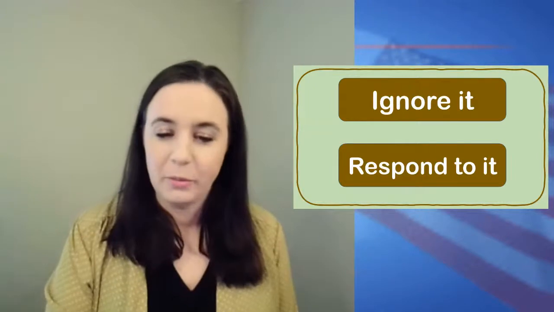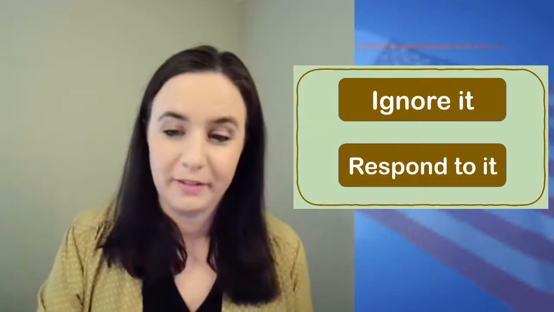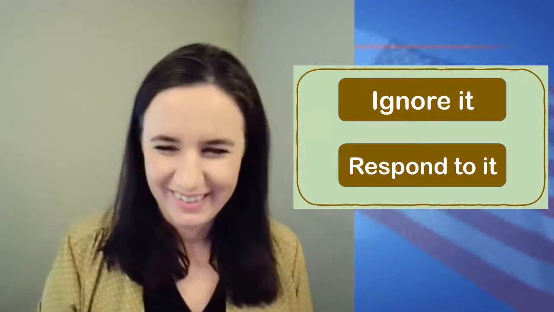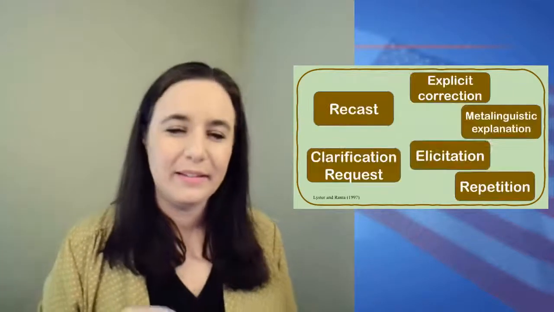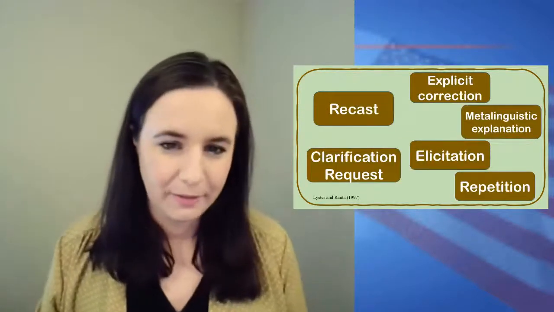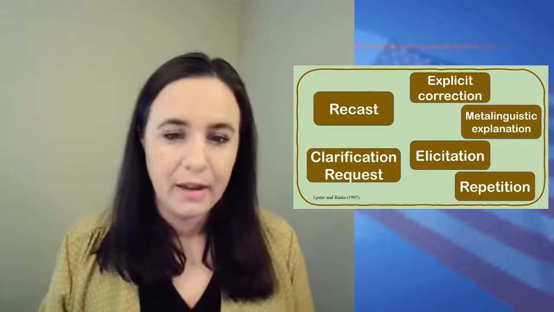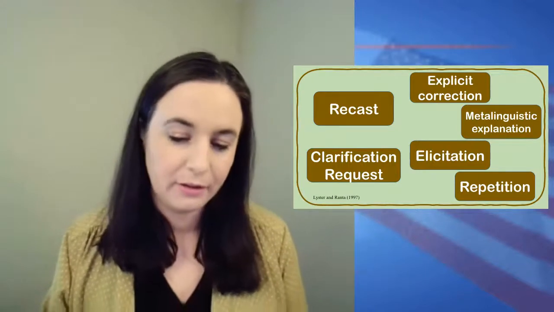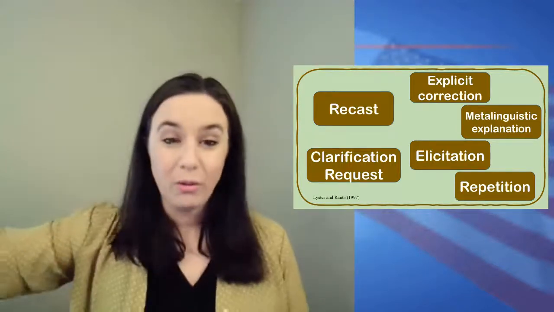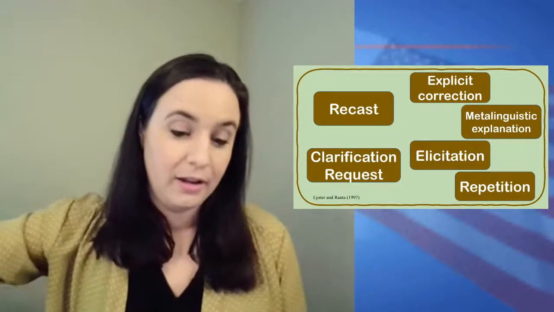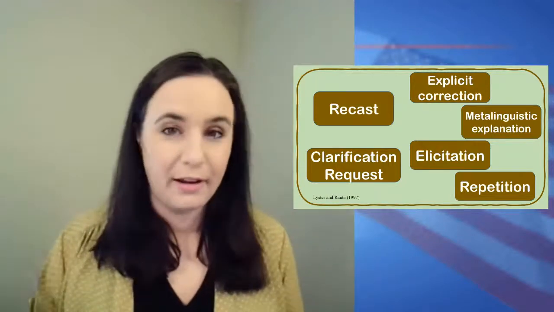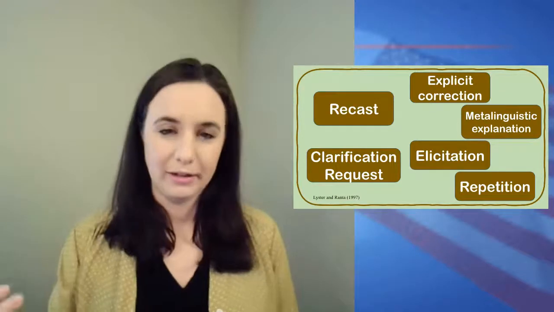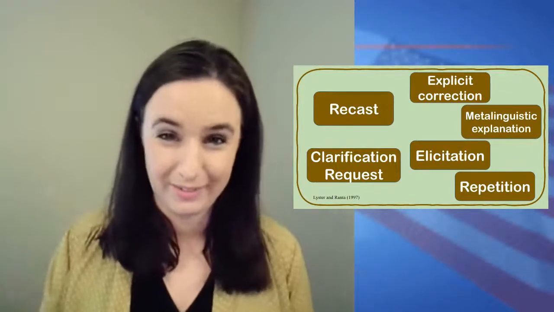Today, like I've been saying, we're going to talk about 6 possible responses, and I think you've already covered maybe 3 of them that I saw in the chat. The 6 responses I want to talk about today come from a piece of research by Lyster and Ranta that was published all the way back in 1997. Their work on corrective feedback and learner uptake has been used by so many teachers and researchers since then.